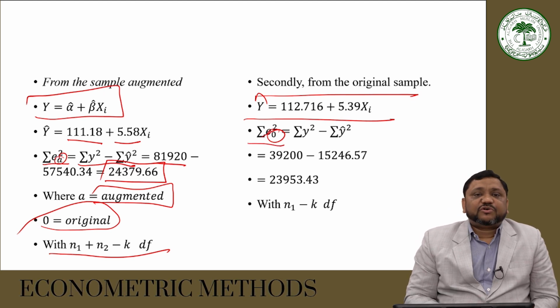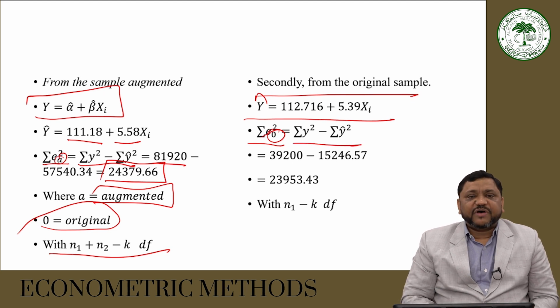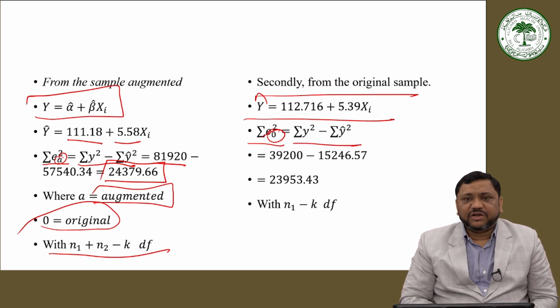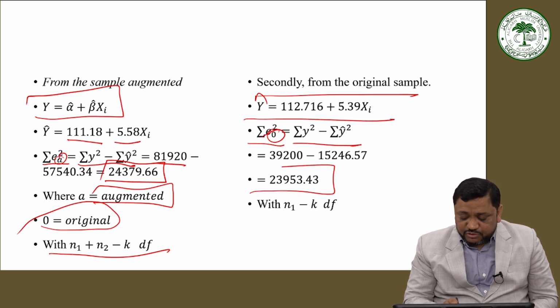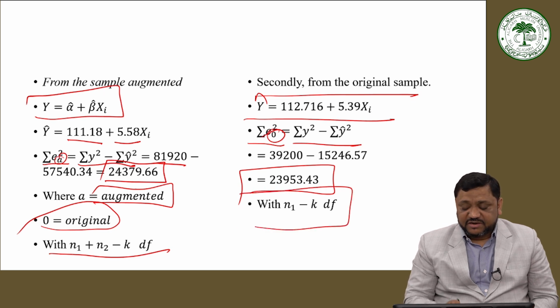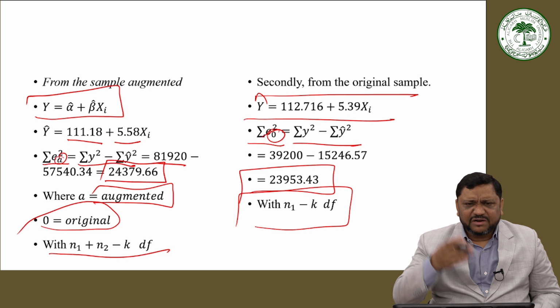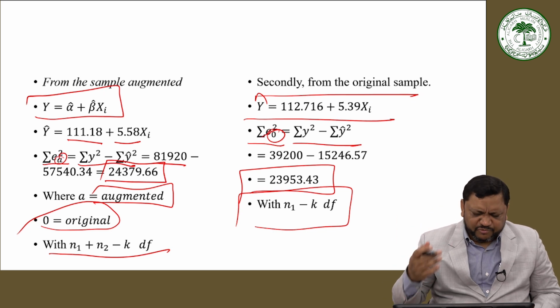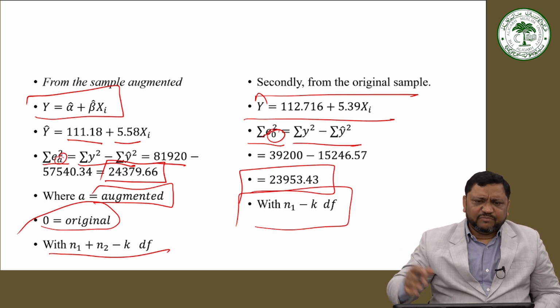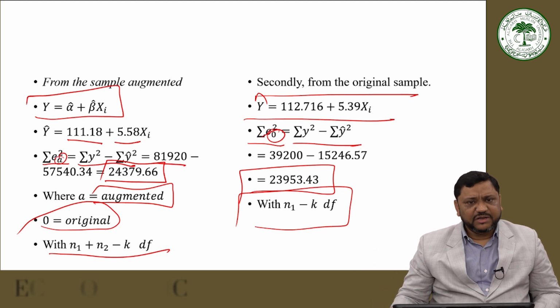So the summation of error squares of the original sample is equal to summation y square minus summation y hat square. So this is equal to 23953.43, and this is at these degrees of freedom. These calculations we can do by hand by using the method of regression, or you can simply do it by using Excel or any other software.